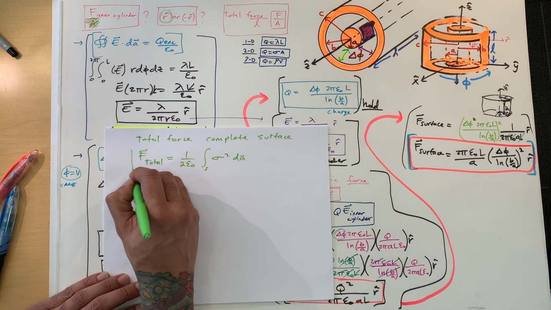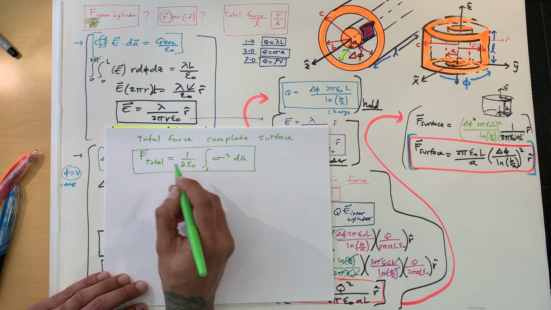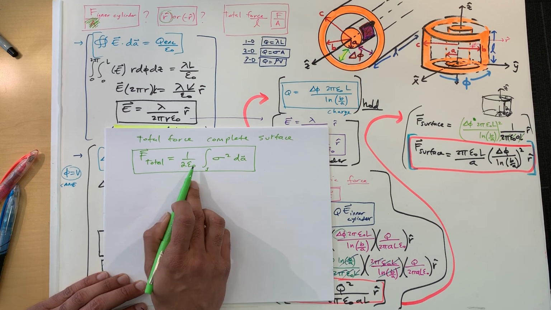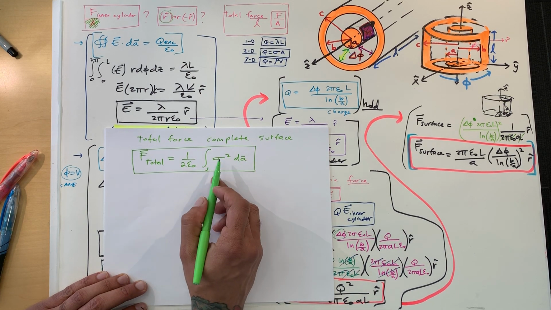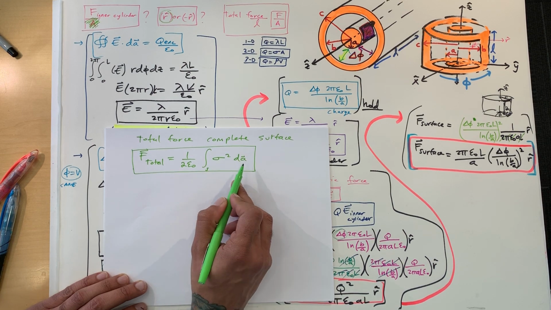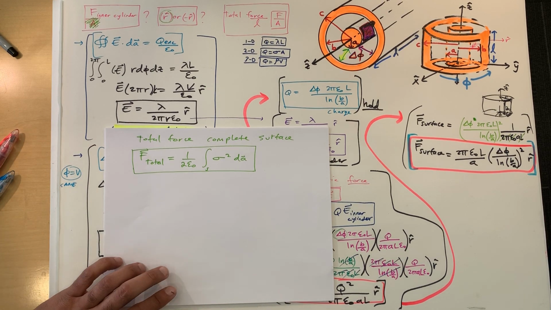So this is the formula that we're gonna use, right? It divides both cylinders with this coefficient, and we're doing the surface integral over sigma squared times the differential area. So let's see what that looks like.